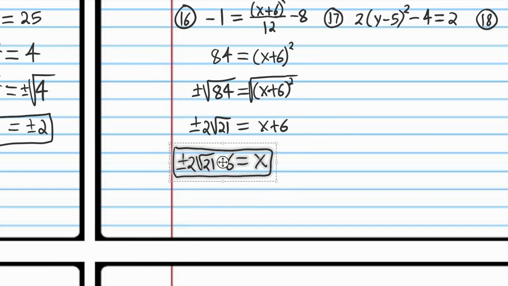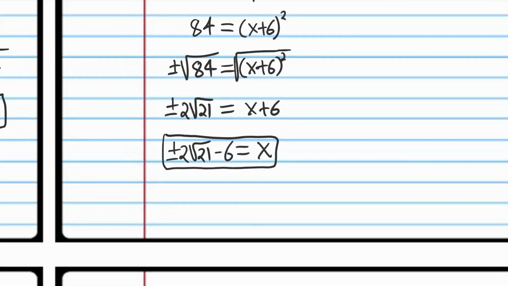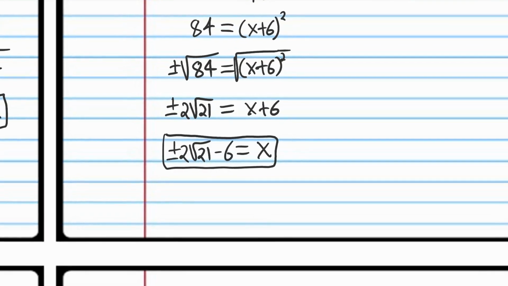Sometimes I order the classes differently, depending on how I decide to put them together at the end of the course. But you've already done this. This is just review. I'm not showing the steps of pulling out the perfect square, because if we tried to show those steps, it would take forever to finish these problems.